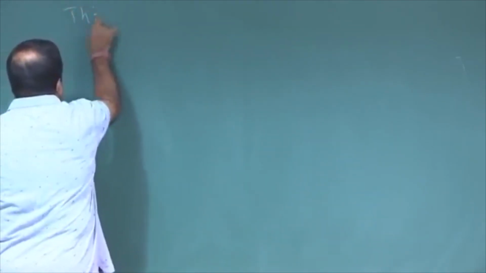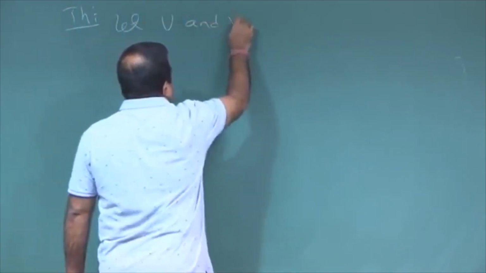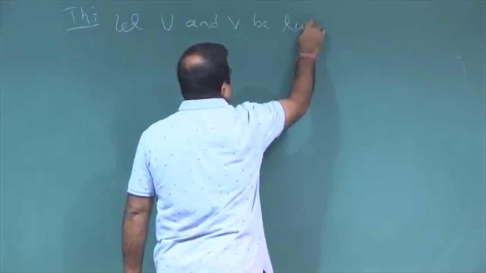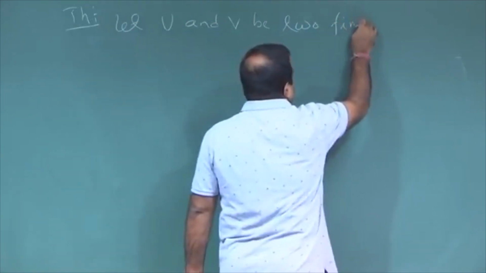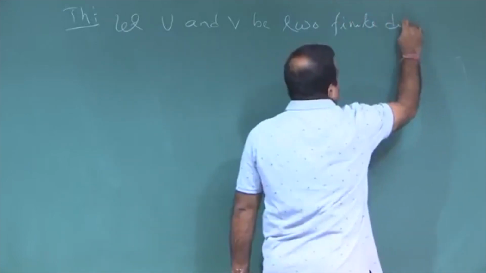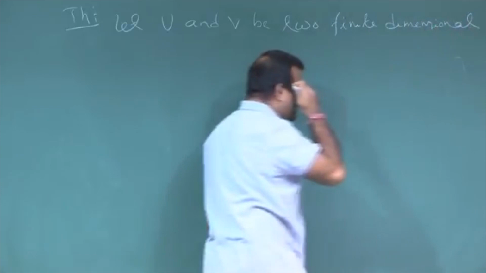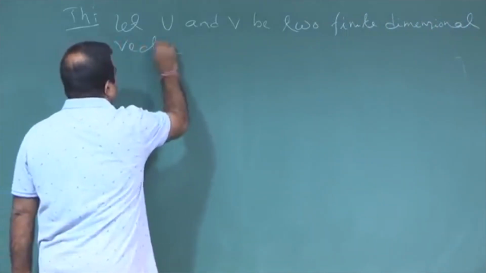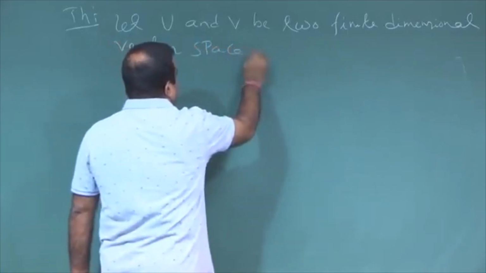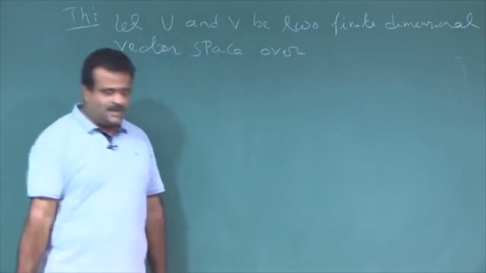This theorem is telling: let U and V be two finite dimensional vector spaces over the same field F. This is important, otherwise we cannot define the mapping.